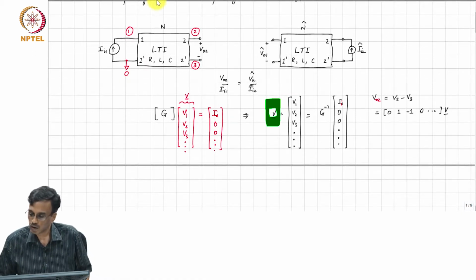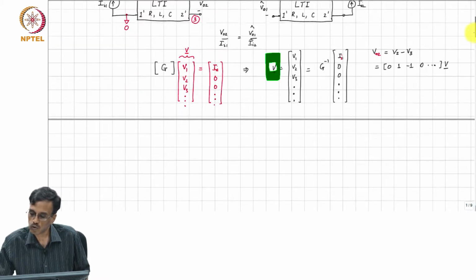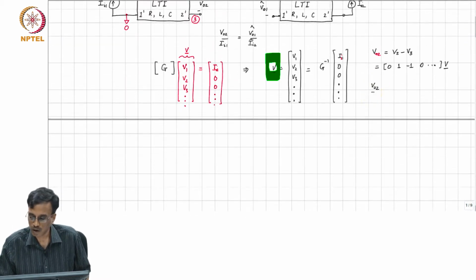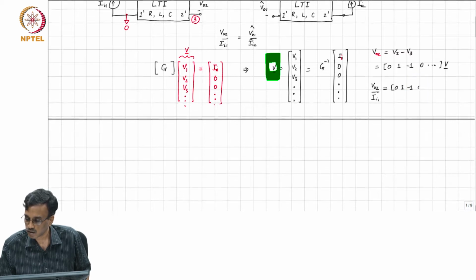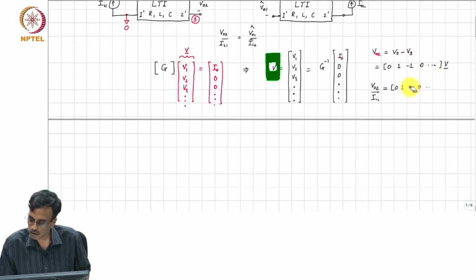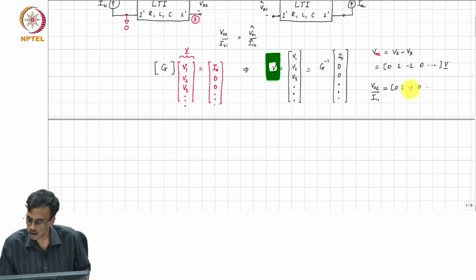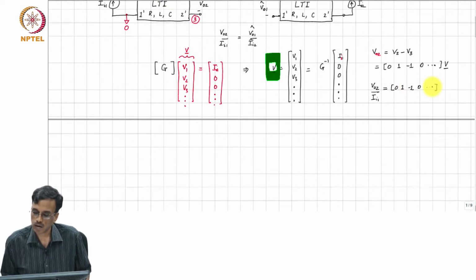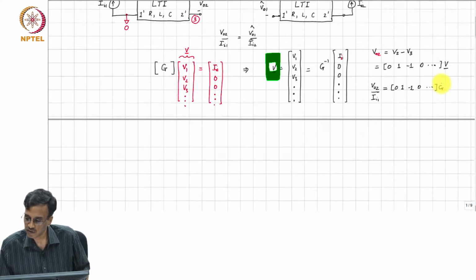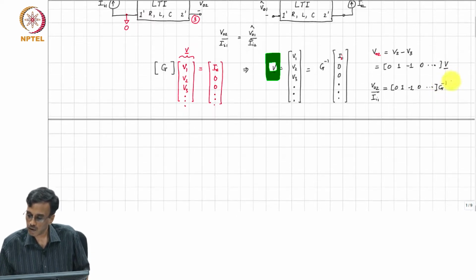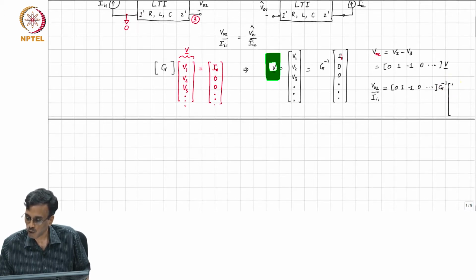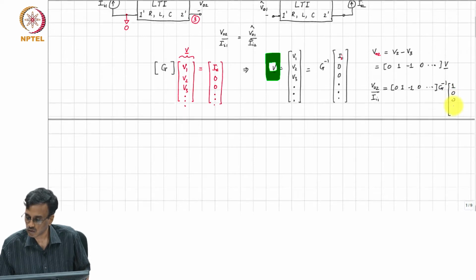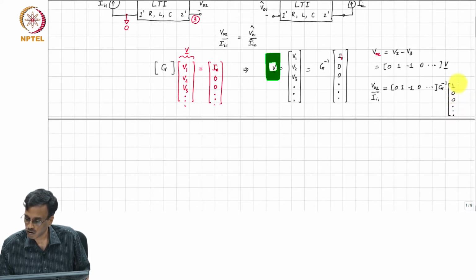Okay. So, therefore, VO2 over I1 is nothing but 0, 1, minus 1, 0, and so on, times G inverse times 1, 0, 0 and all zeros follow.